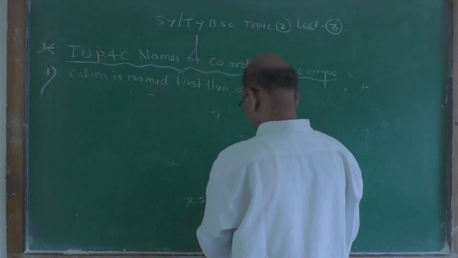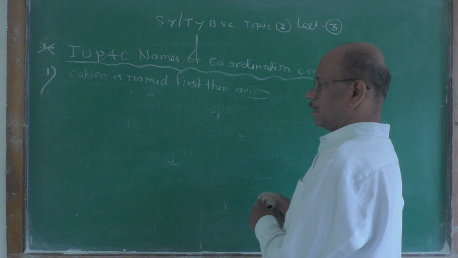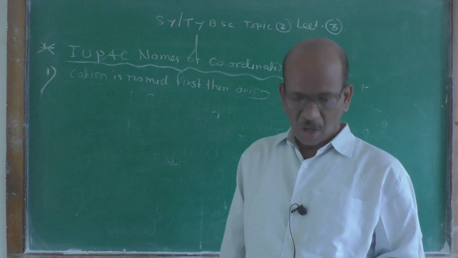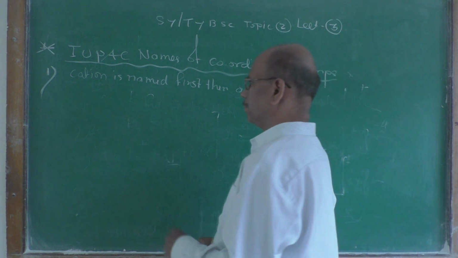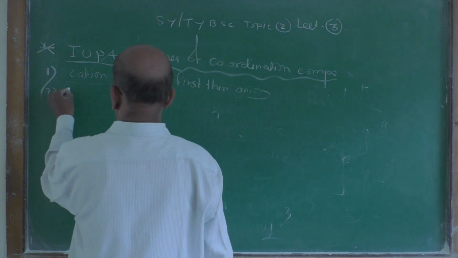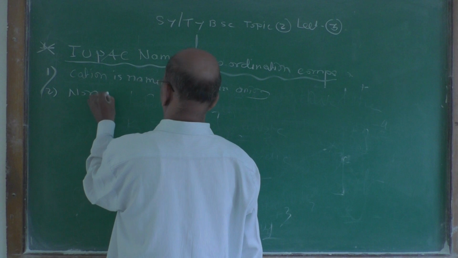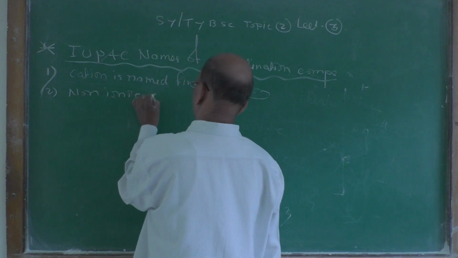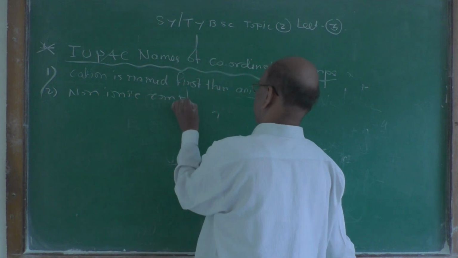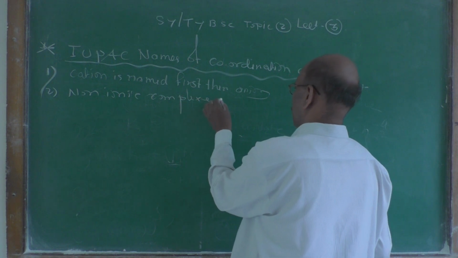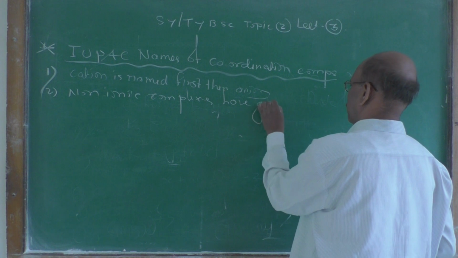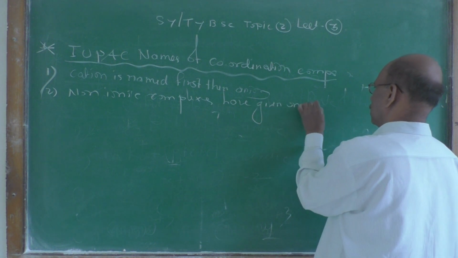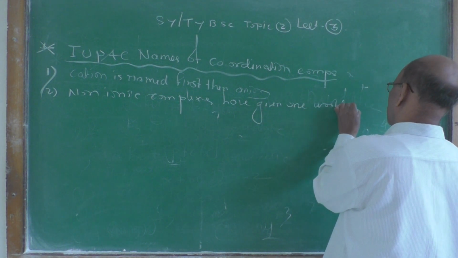Second rule is that the molecular non-ionic species, non-ionic complexes, are given a one word name.